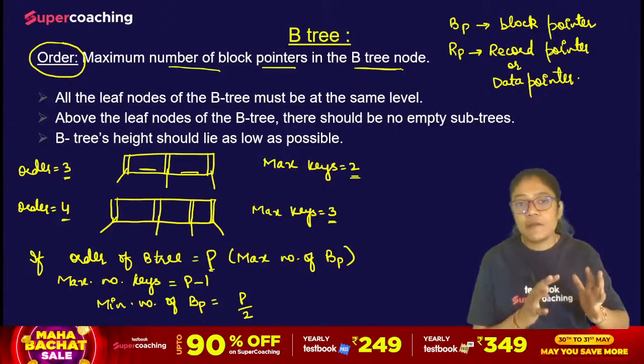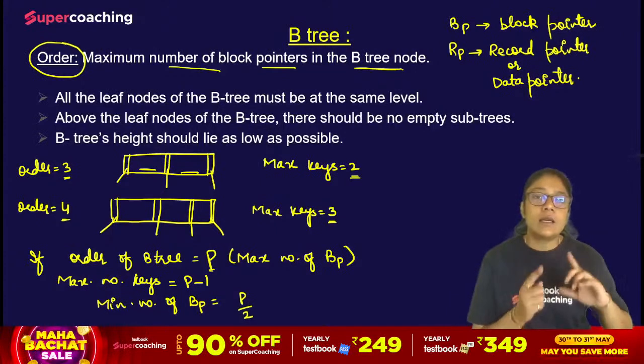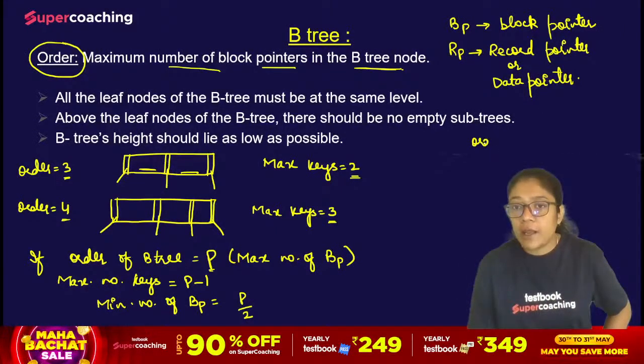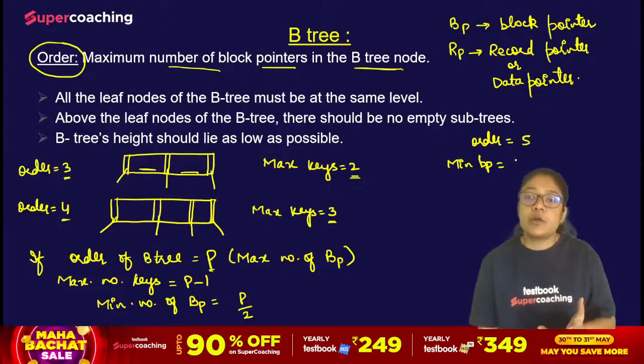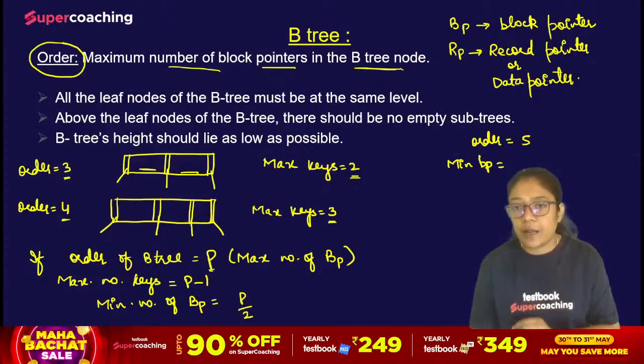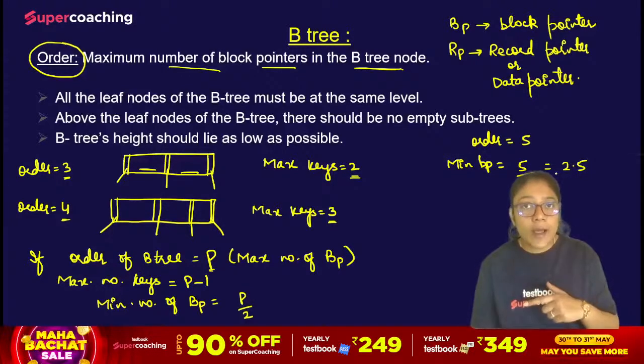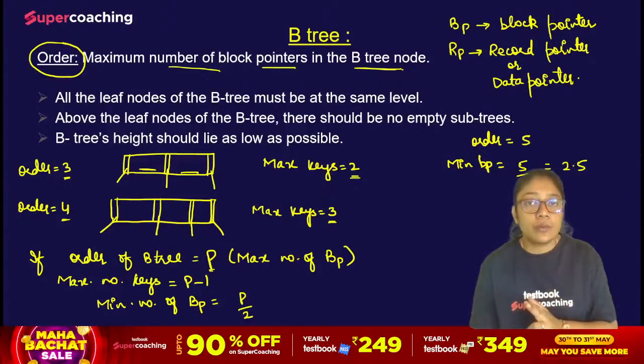Now 2.5 child pointers are not possible, either it will be 2 or it will be 3. So if we take the floor value of 2.5, minimum 50% occupancy means at least 2.5 is required. If I'm taking 5 by 2, that results into 2.5. If I take its floor value, that comes out to be 2, right?